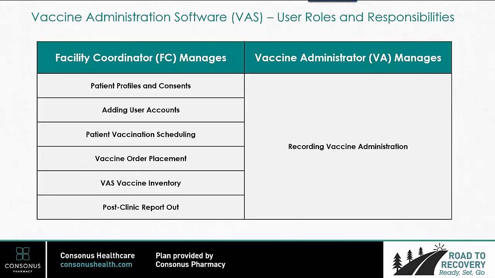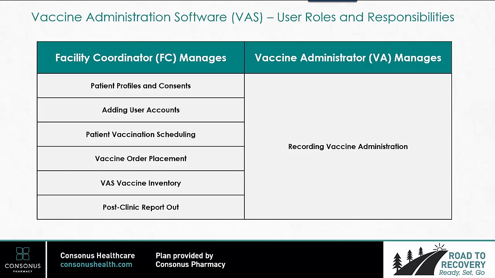There are two primary user roles in VAS, the Facility Coordinator, or FC, and the Vaccine Administrator, or VA. The Facility Coordinator should be someone in a leadership role at the facility, such as an administrator, executive director, health and wellness director, or a resident care coordinator.